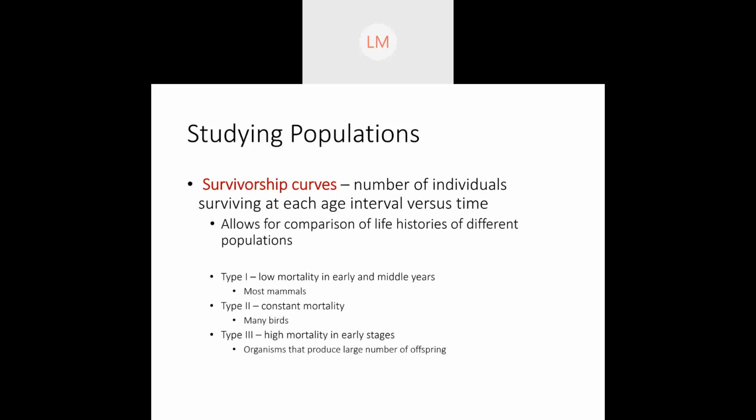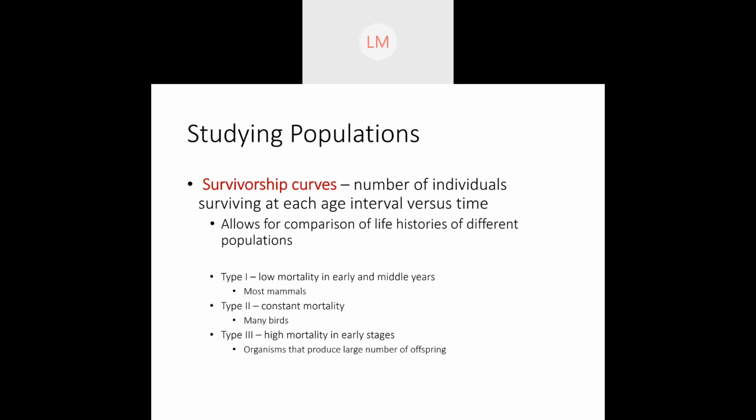This is typically organisms that produce a large number of offspring. Plants or a lot of marine invertebrates do this, where they produce hundreds, thousands, maybe even up to hundreds of thousands of offspring, but they're not putting any investment into those offspring. They're just throwing them out into the world, crossing their fingers that some of them make it.